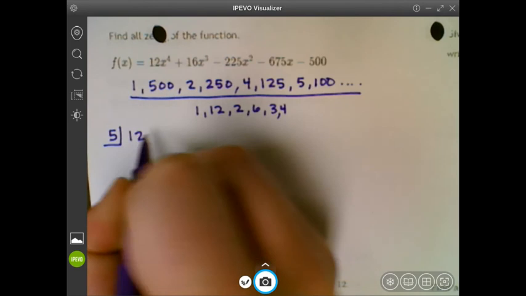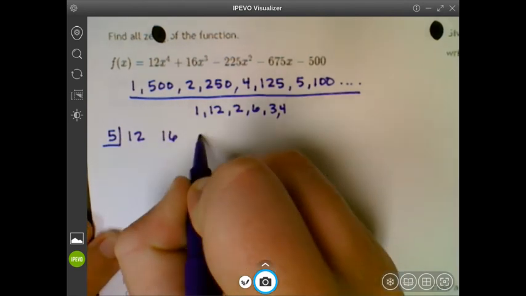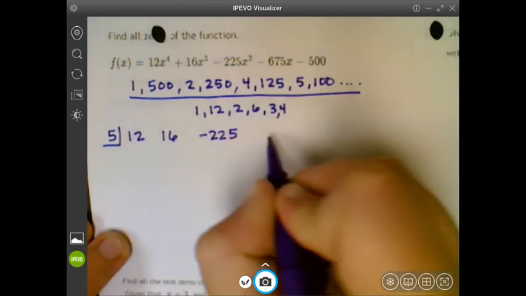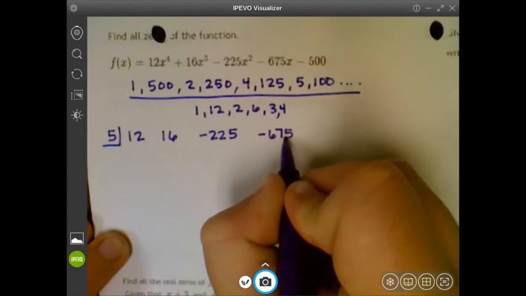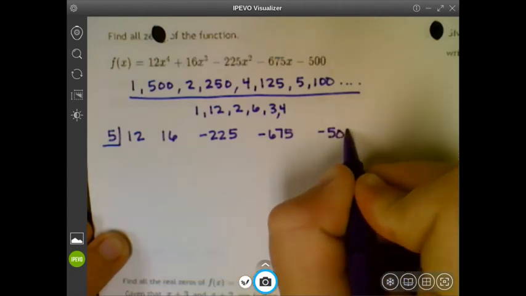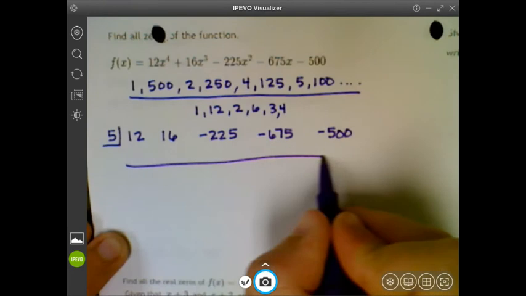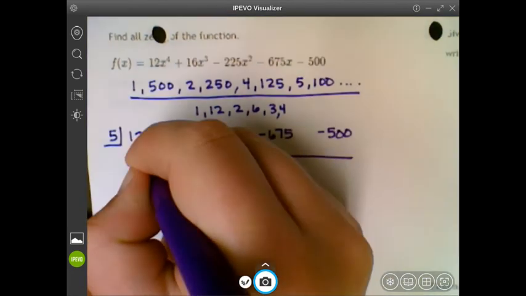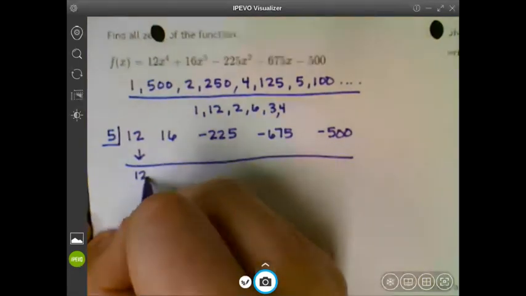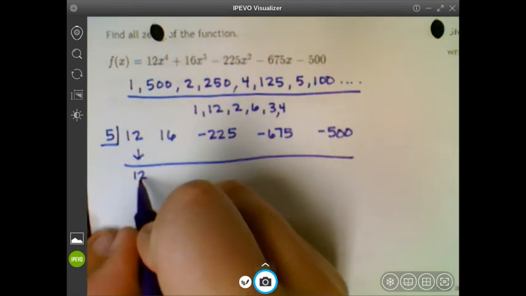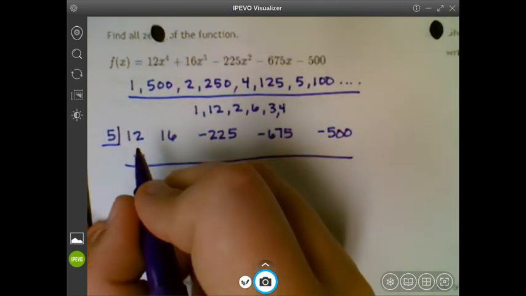So our coefficients are 12, 16, negative 225, negative 675, and negative 500. And then when you do the synthetic division, right, your first number just comes straight down, and then you just continue. So 12 times 5 is 60.